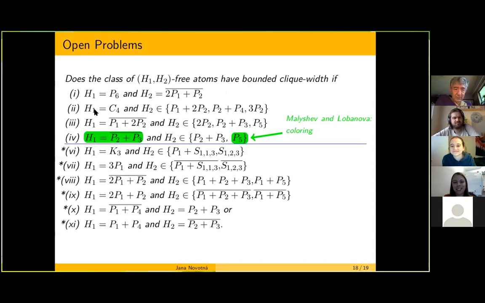I think that maybe the first one. But maybe I just don't see a good idea how to approach it. For me, those first two are harder to prove than the last two. But maybe it's also that they have unbounded clique-width, or I don't know. Maybe those last two would be easier candidates for bounded clique-width, and those first two for unbounded clique-width. But who knows?